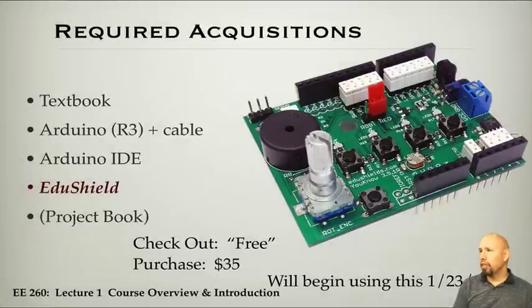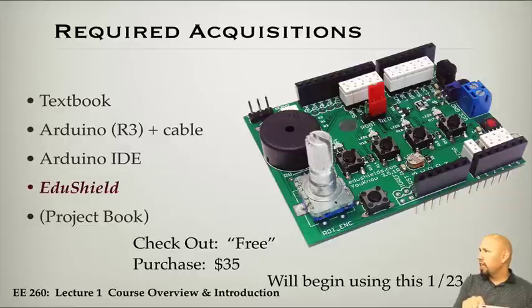Next, there's the EduShield, and this EduShield is useful. It has a number of valuable things associated with it. It's got some push buttons, a light sensor, an RGB LED, and some other LEDs.